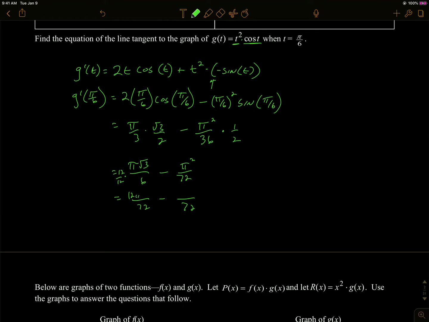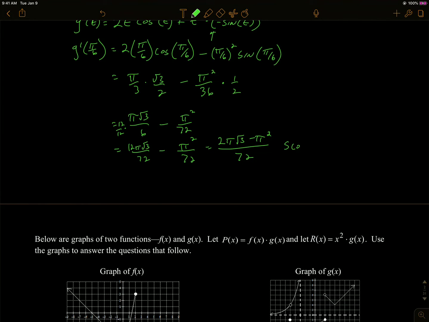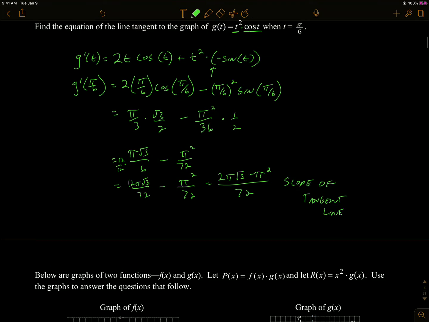So I'll get 12 pi root 3 over 72 minus pi squared, so it's 12 pi root 3 minus pi squared, all over 72. That is going to be the slope of the tangent line, because that was plugged into the derivative.